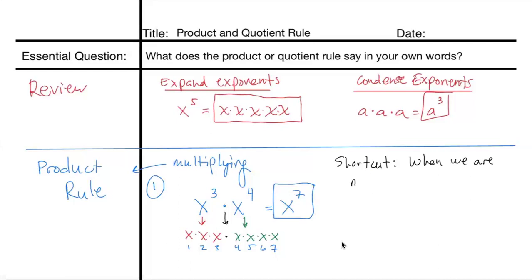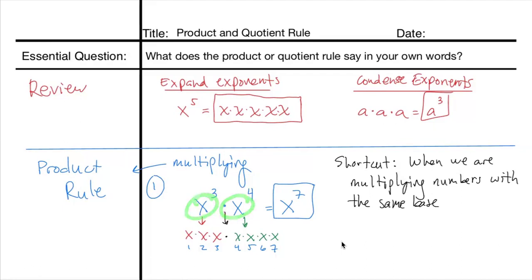we are multiplying numbers with the same base. Notice they have the same base. They're both base x. When we are multiplying numbers with the same base, we do what to their exponents? 3 plus 4 is 7.